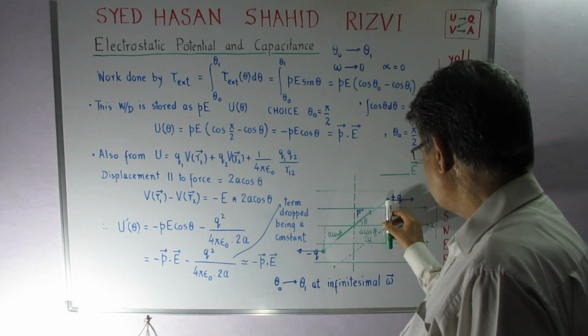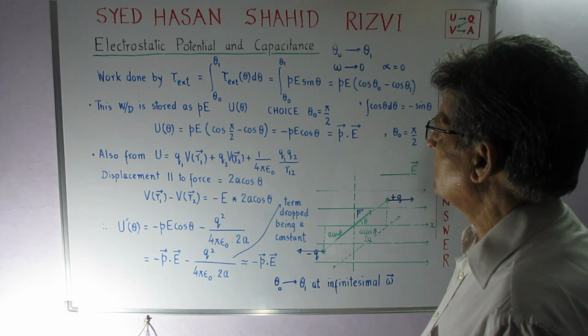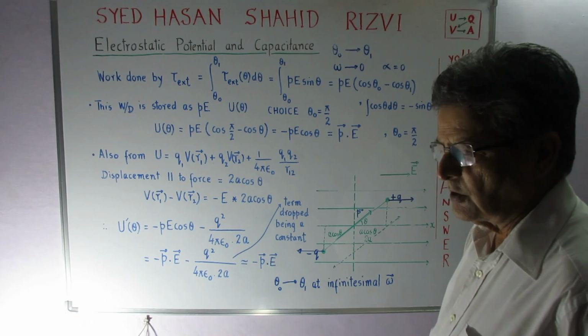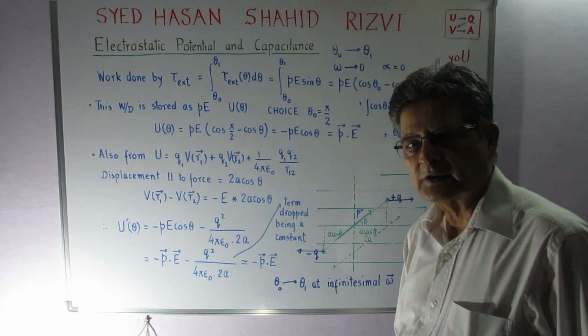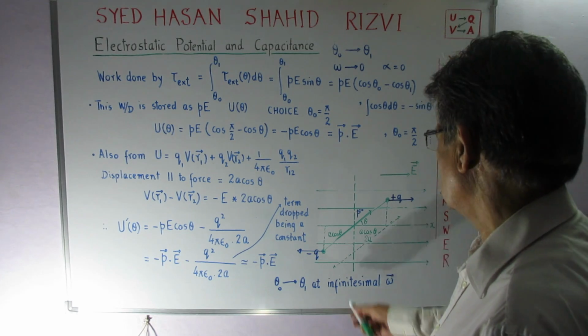So the total separation between these two forces, where I have not written F, will be equal to 2a sine theta, multiplied by q, and you will get the torque.